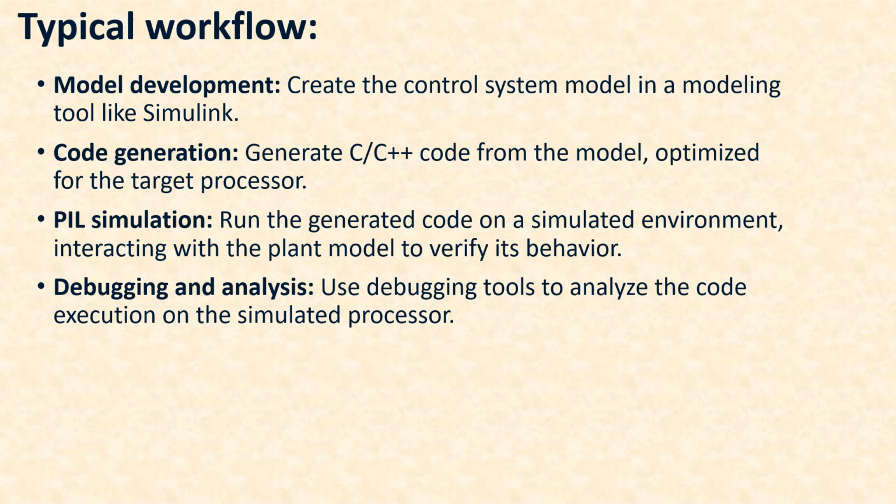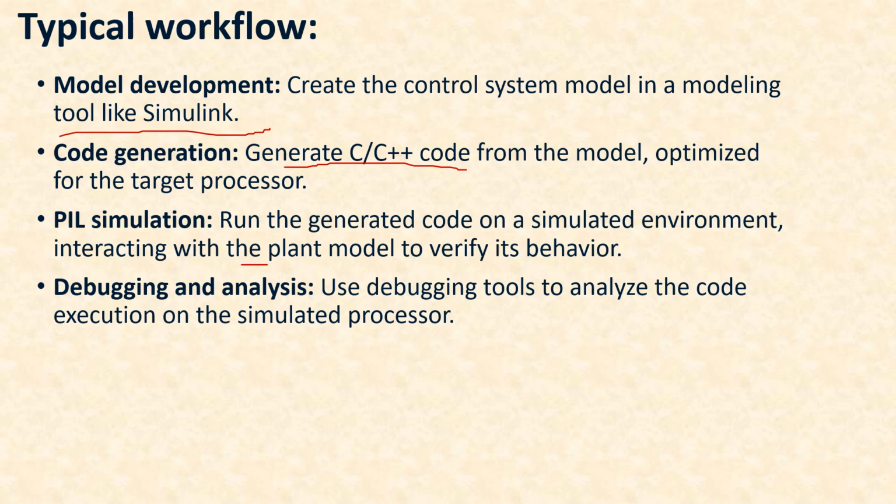Now, what is the typical chronological workflow? Model development: create the control system model in a modeling tool like Simulink, which I already covered several times. First, the model is developed in a MATLAB or Simulink kind of tool, and with the help of the model, C++ code is generated. Then run the code on the simulated environment, interacting with the plant model to verify its behavior.